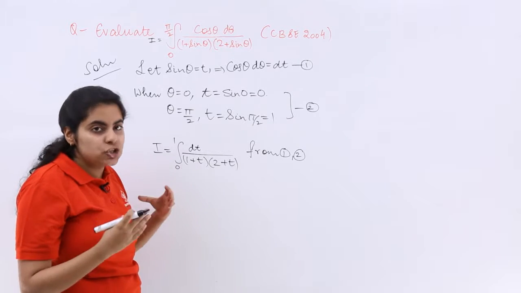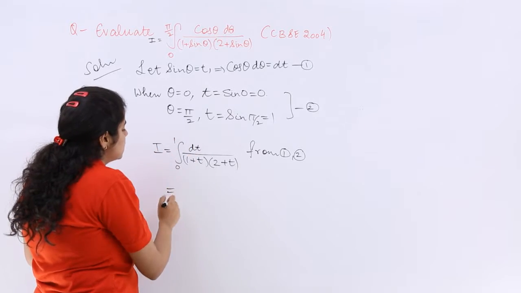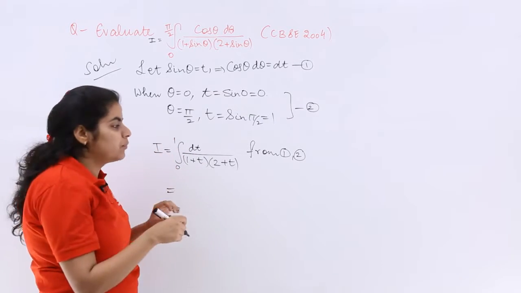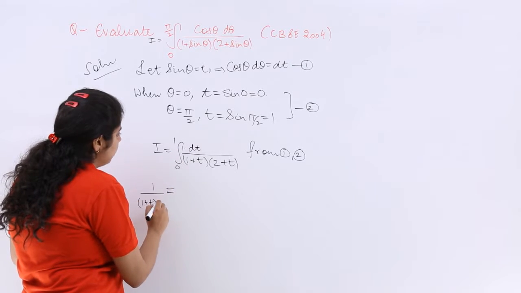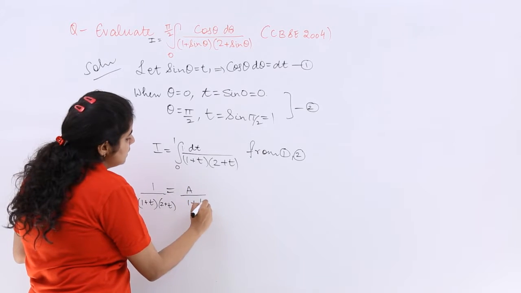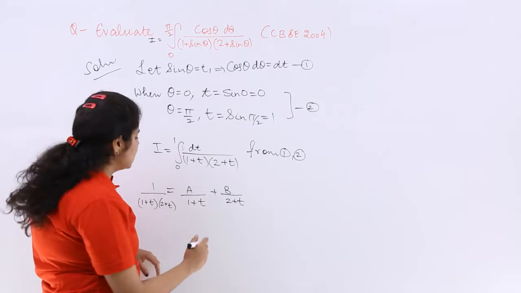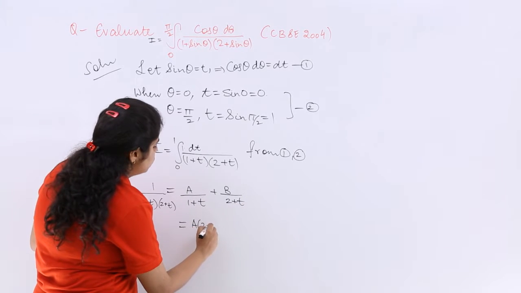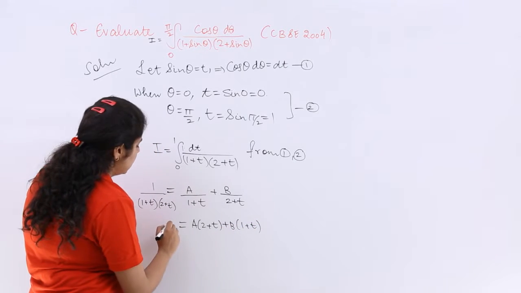The shortcut for these types of questions with 2 fractions is to do what we did earlier. Here it is 1 dt, so it is 1 upon (1 plus t)(2 plus t), equal to a upon 1 plus t plus b upon 2 plus t. Just take the LCM, so it is a into (2 plus t) plus b into (1 plus t), and here it is 1.